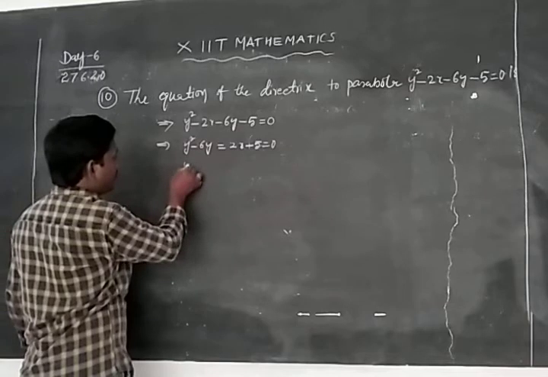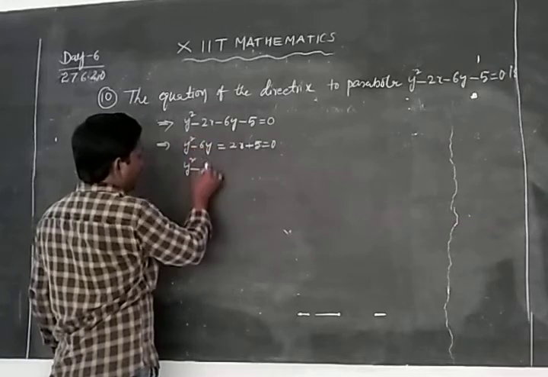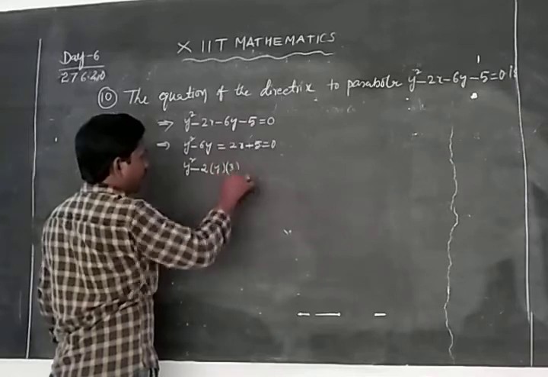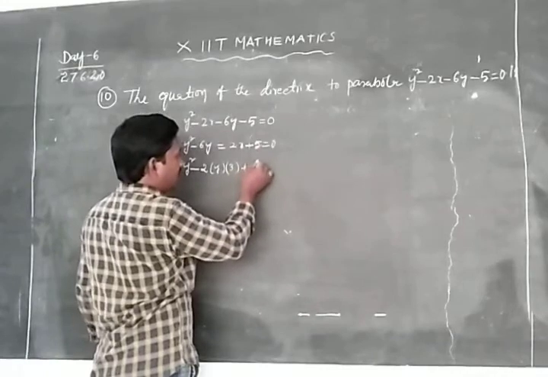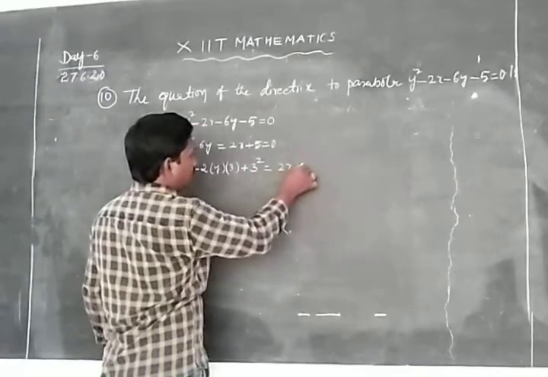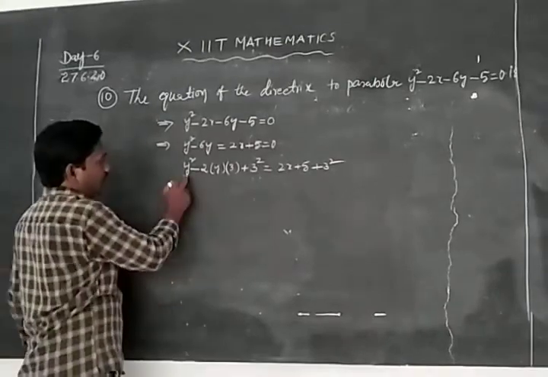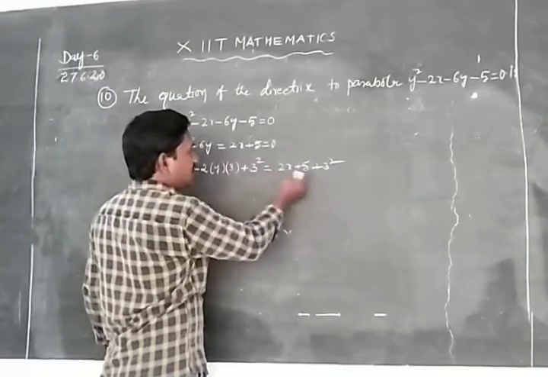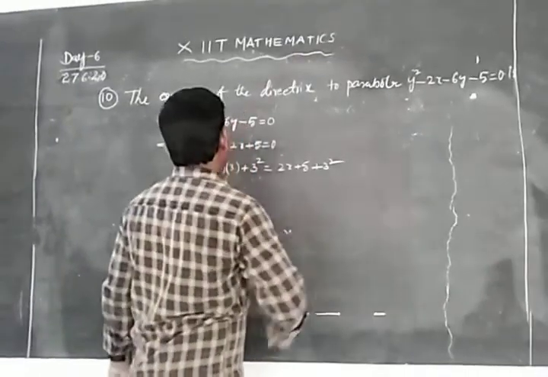Next step, 6y is written as 2 into y into 3. Again 3 square should be added on LHS and RHS. Now a square minus 2ab plus b square. By adding 3 square on both sides, the result doesn't change.